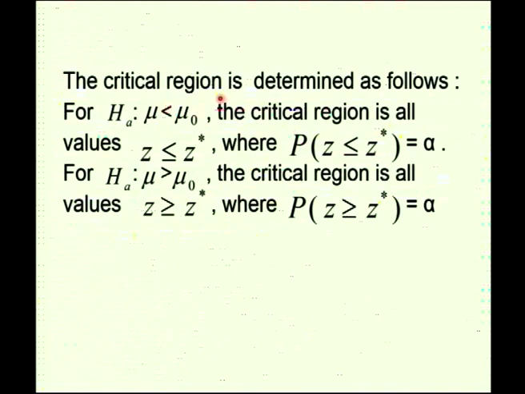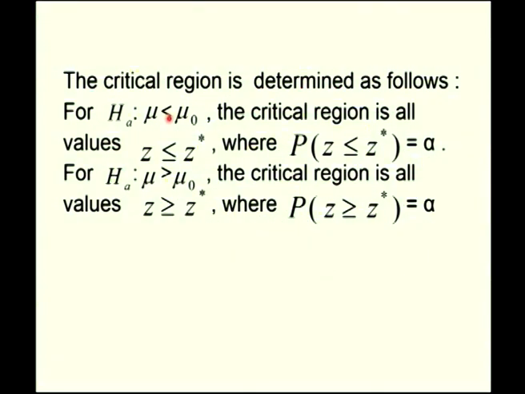So, the critical region is determined as follows. For the null hypothesis mu equal to mu naught, we have HA as mu less than mu naught or HA as mu greater than mu naught. For mu less than mu naught, the critical region is all Z less than or equal to Z star, where P of Z less than or equal to Z star is equal to alpha.